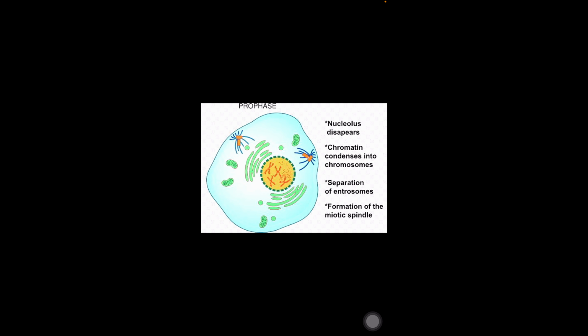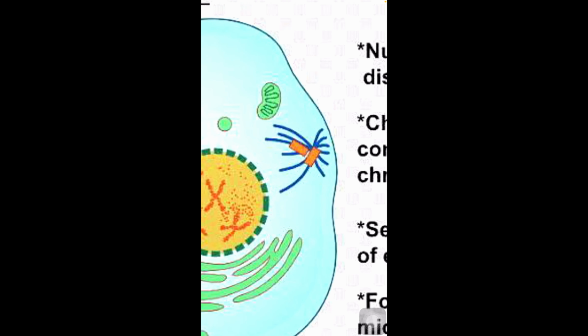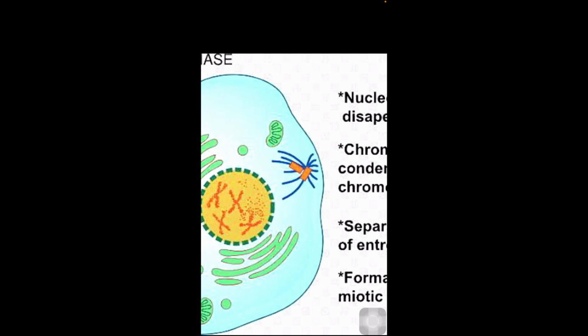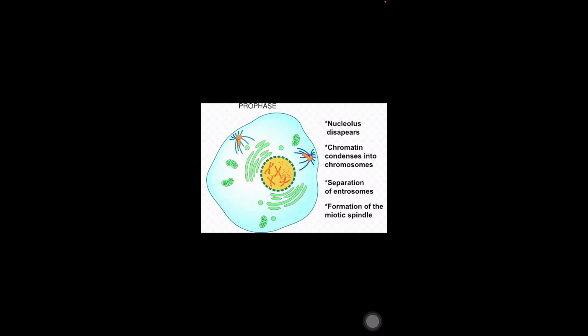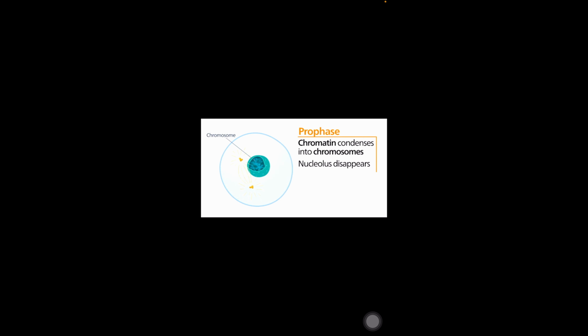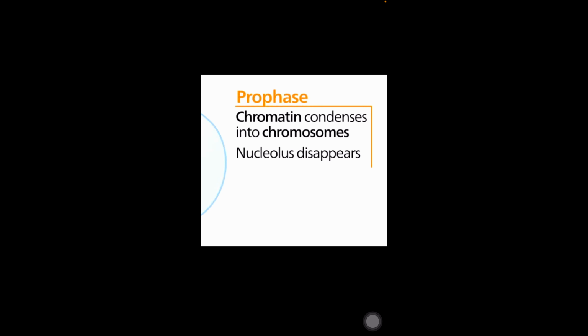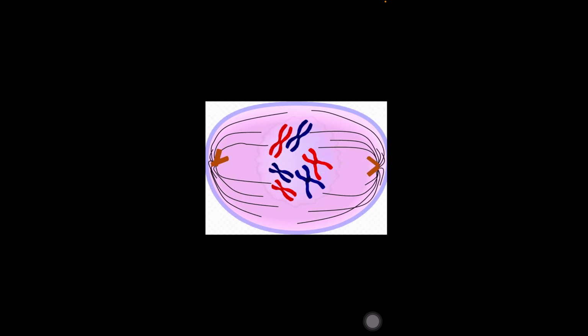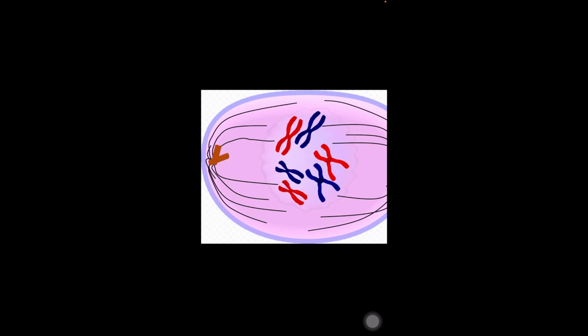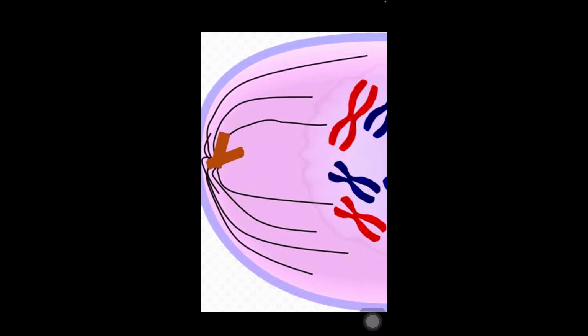And there's also separation of the centrosomes, and there's formation of mitotic spindles, which is very, very important here. You can see the blue spindles here. There's also one at this end. So in the prophase, chromatin condenses into chromosomes, the nucleolus disappears, and mitotic spindles are being formed. And the chromosomes are intact.